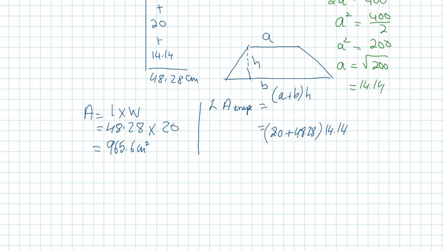So that's going to be, does anyone find the answer for this? 965.48 centimeters squared. Now to find the whole area, you're going to do 965.6 plus, wow, that's very close, 965.48.